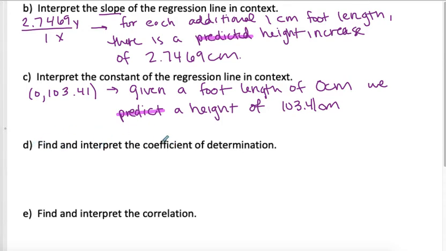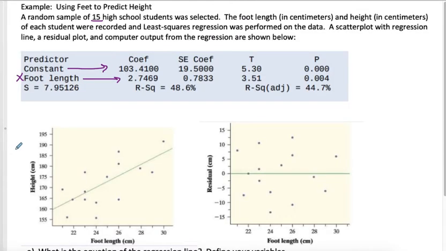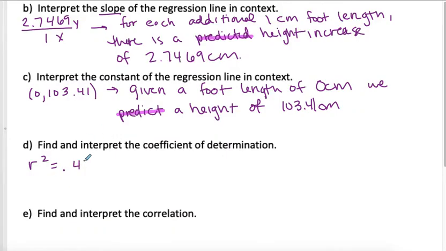On D, it says find and interpret the coefficient of determination. So that's going to be our r squared value. So looking at the data they've provided, r squared is 48.6%. So we can pull that over here.